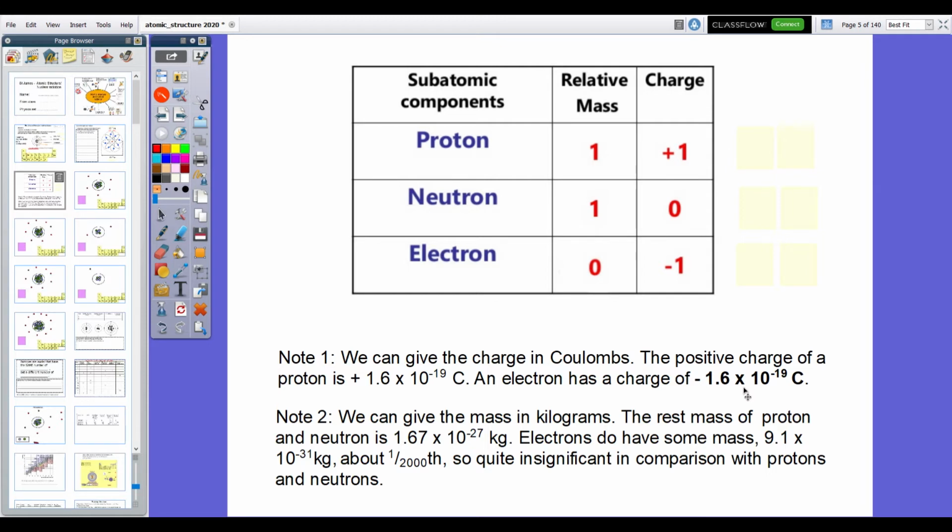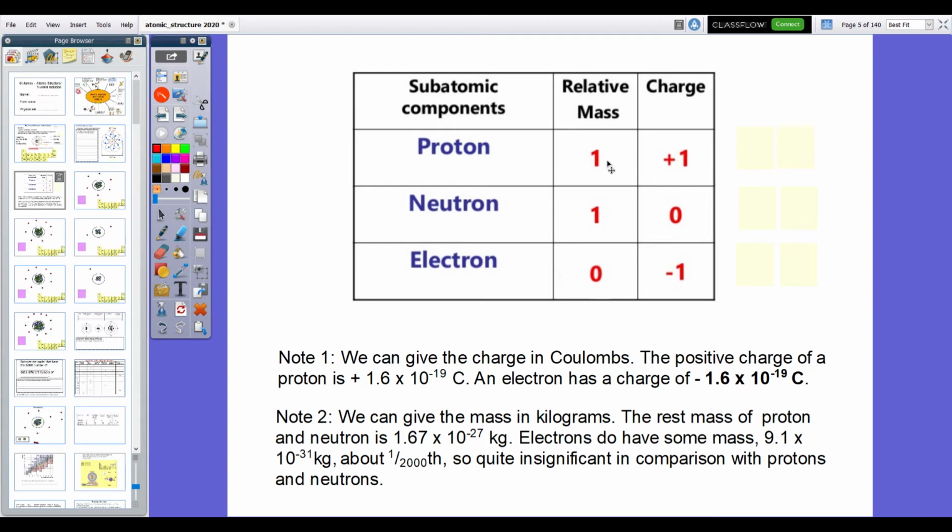But normally in this part of physics, the mass of the electron is so low, about 1/2000th of the mass of the others, that to all intents and purposes we just ignore that mass and give it a relative mass of 0. So this information here, you do need to know. It's 1, 1, 0 for proton, neutron, electron for mass, and charge is +1, 0, -1.